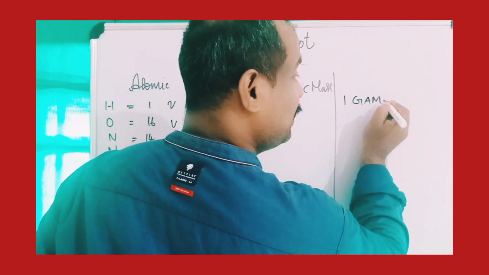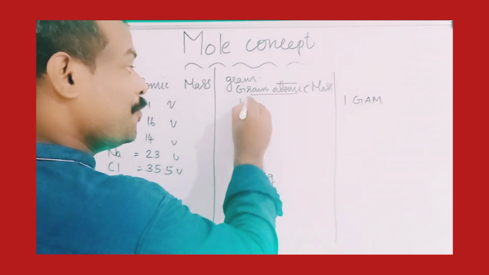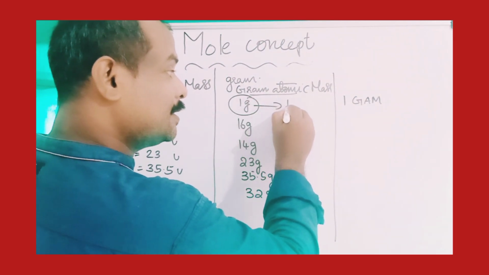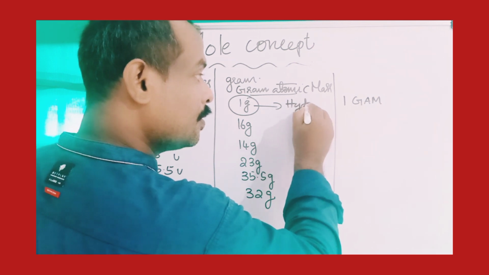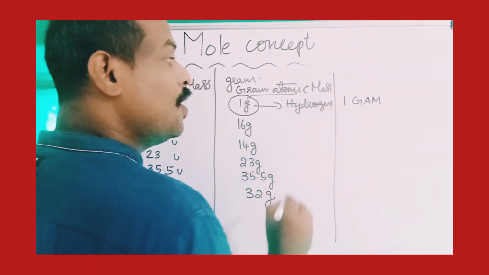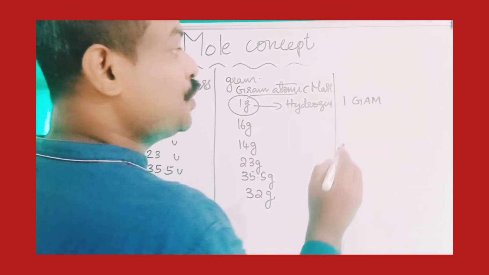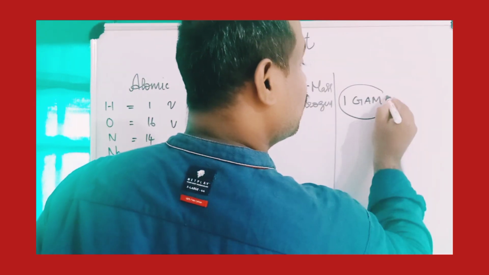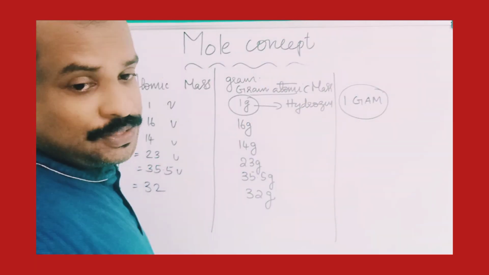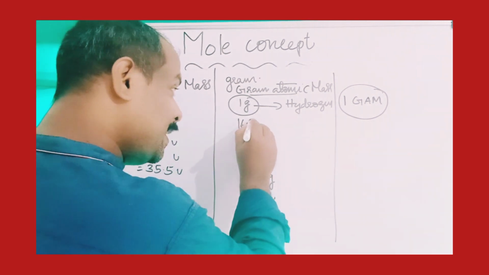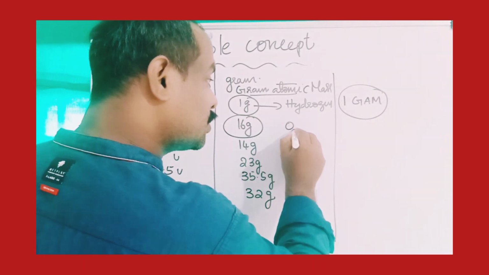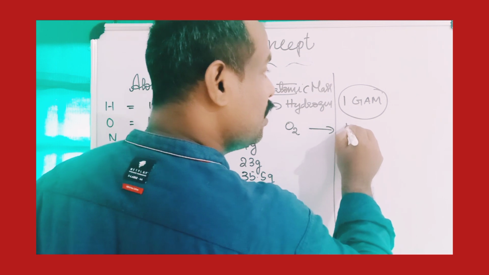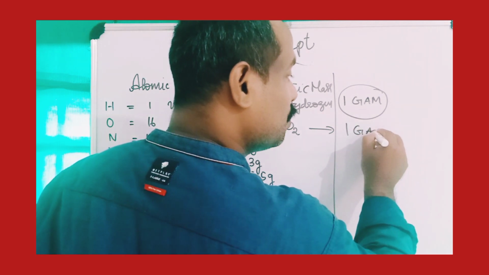I will explain in detail. If we take 1 gram of hydrogen, it has 1 gram atomic mass. If we take 16 gram of oxygen, it has 1 gram atomic mass.